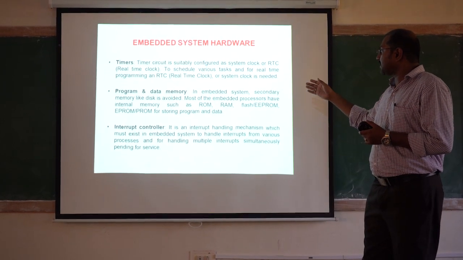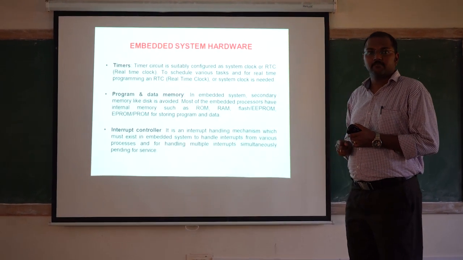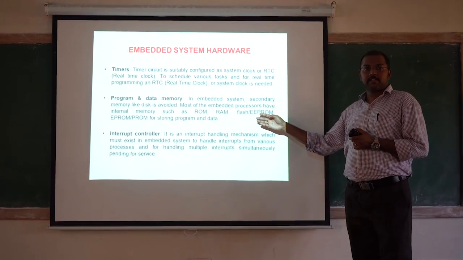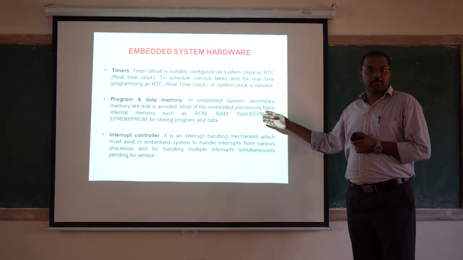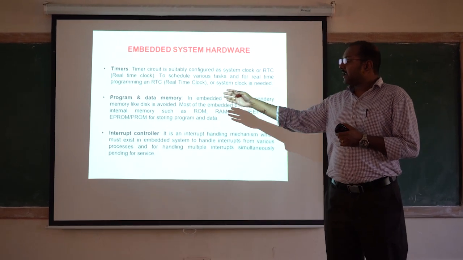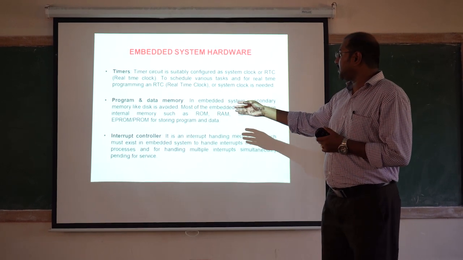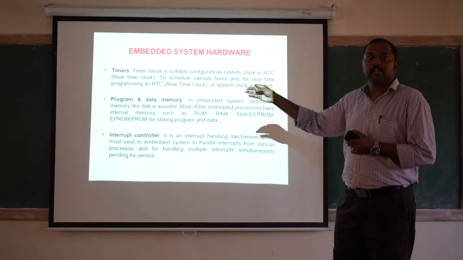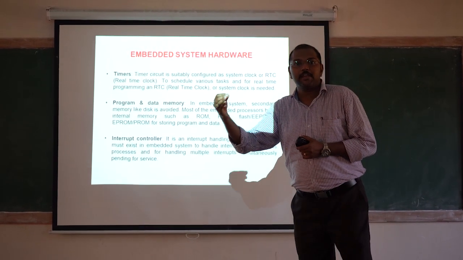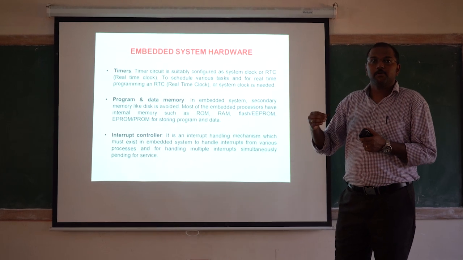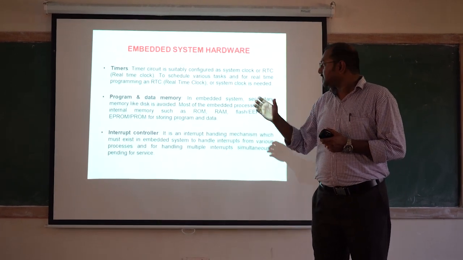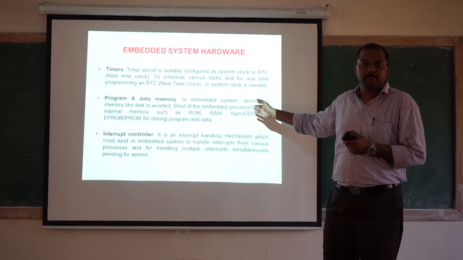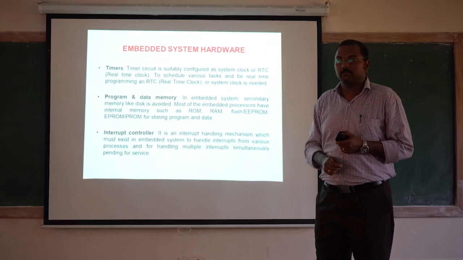Most of the embedded processors have internal memory such as read-only memory, random access memory, flash memories, electrically erasable programmable read-only memory, erasable programmable read-only memory, and programmable read-only memory. Read-only memory means it can read the data, while the others can also write the data. So these are considered as program memories and data memories. It's one of the modules present in an embedded system.